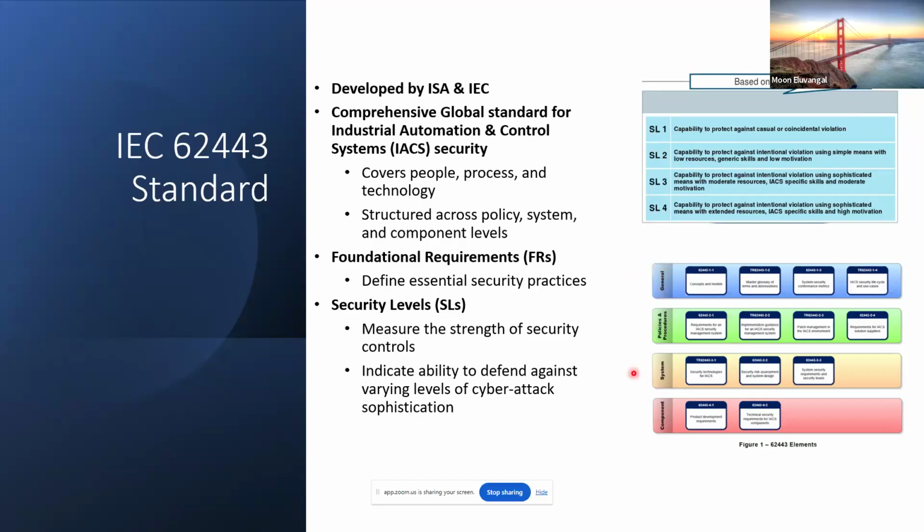where the standard itself is classified into four different areas. The first gives the general introduction and explanation of general terminologies, and the second area deals with the policies and procedures. The third is about system security, meaning if you have a factory, how you can assess its security, and what controls or countermeasures are required to achieve a certain level of cybersecurity.